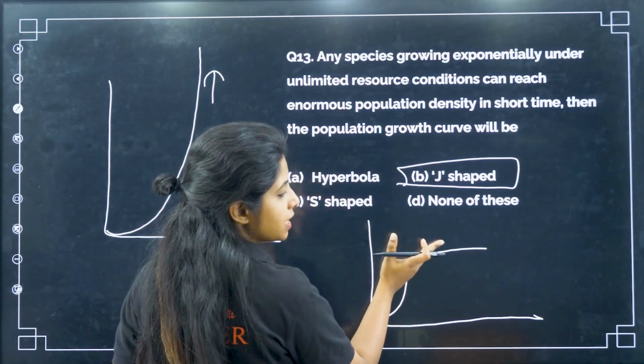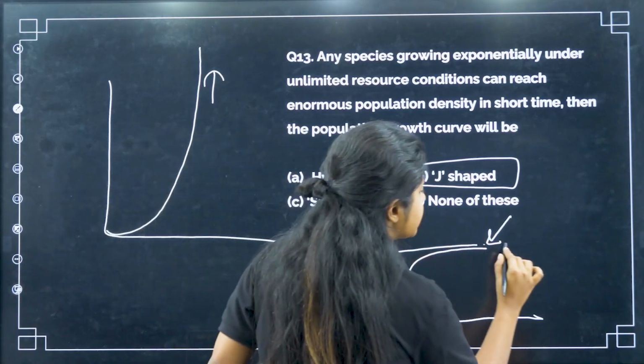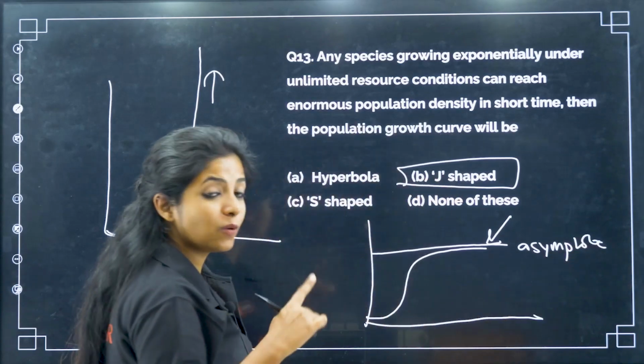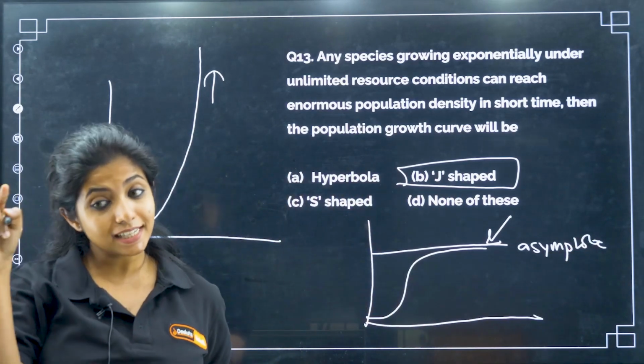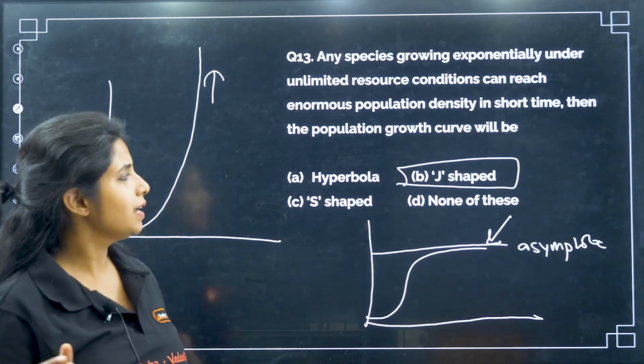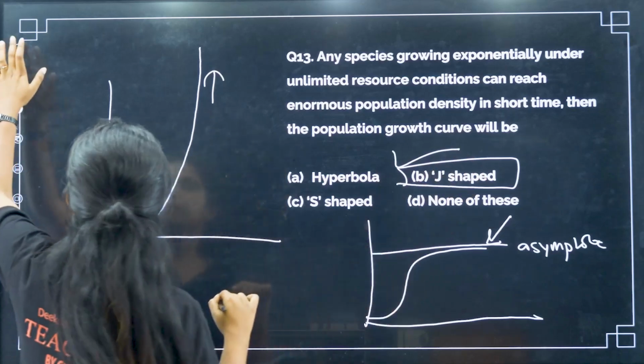It will increase and then reach a stability point. You call this point the asymptote, and that is an S-shaped curve found in logistic growth. So logistic has an S, so the S-shaped curve is found in logistic growth. Always remember that. Exponential growth has a J-shaped curve. Cool? So this becomes your answer.